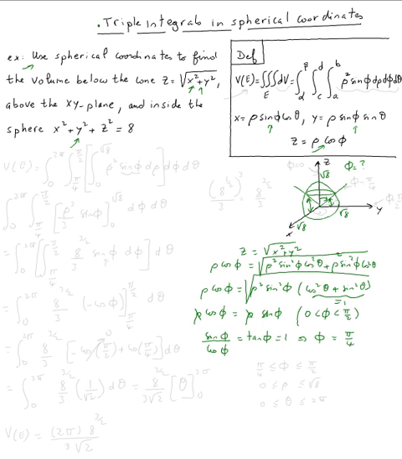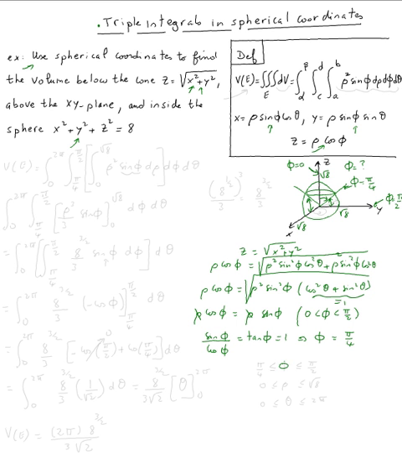So now I know I want to go from this angle. You gotta watch out: from phi equals pi over 4 to phi equals pi over 2. Remember 0 will be here. This is phi equals 0, so you gotta watch out. Let me write it down.